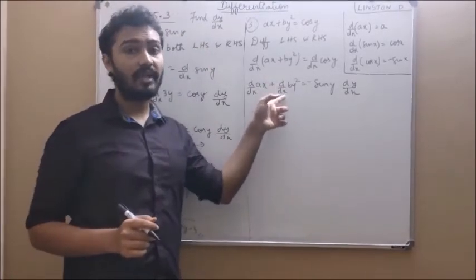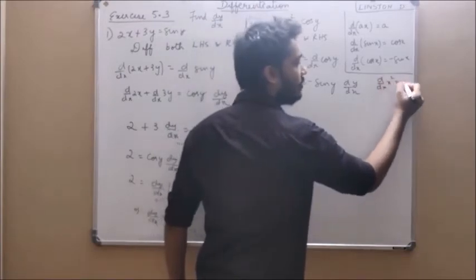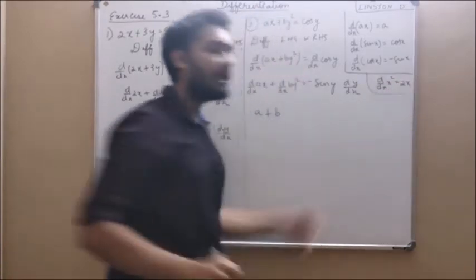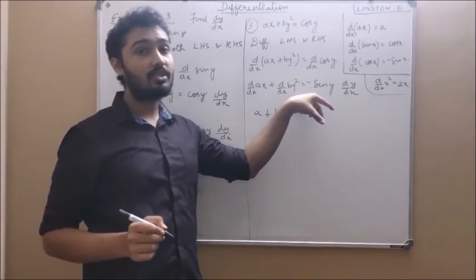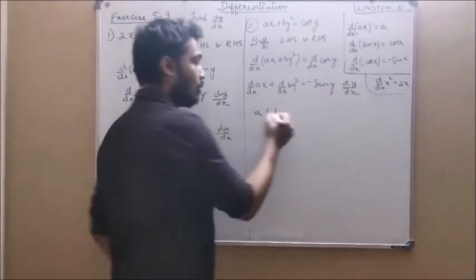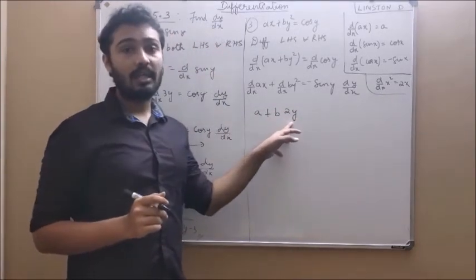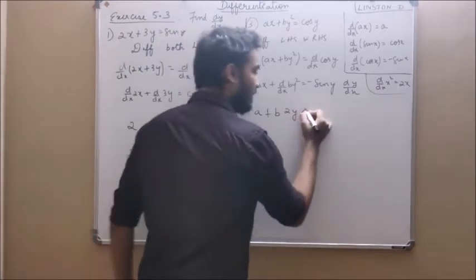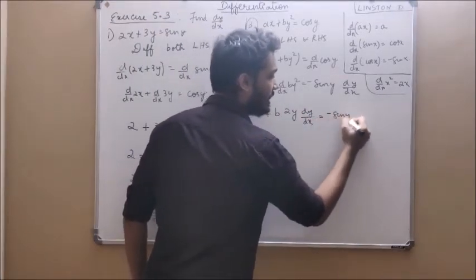What is differentiation of x square? d by dx of x square is nothing but 2x. You already know d by dx of x square is 2x. So what is d by dx of y square? Differentiation of y square is 2y. Now I told you y is a dependent variable, so dy by dx equal to minus sin y dy by dx.